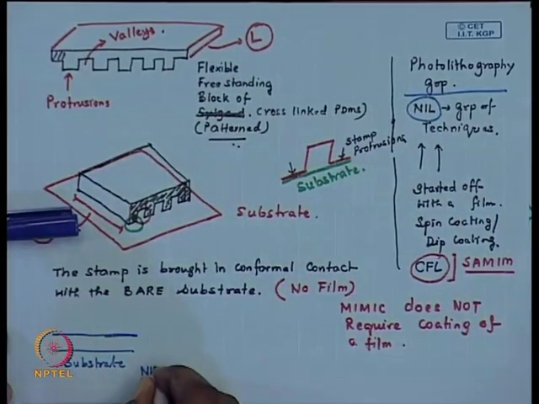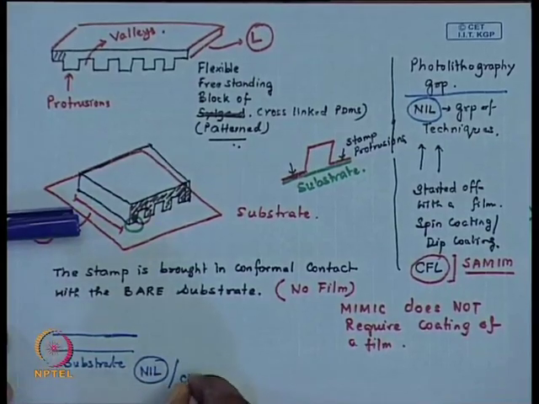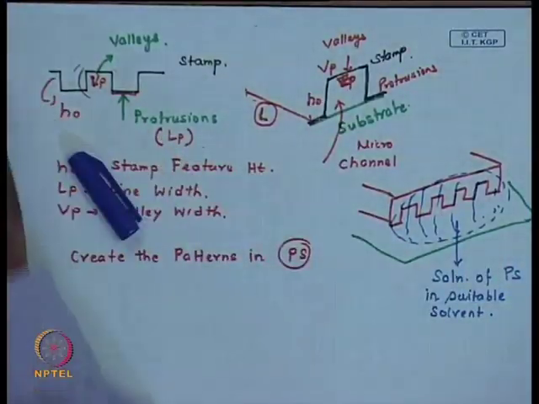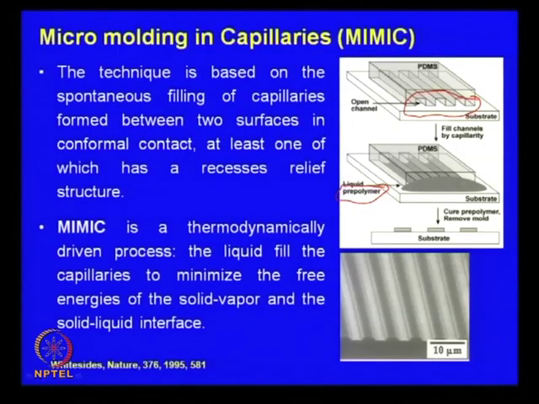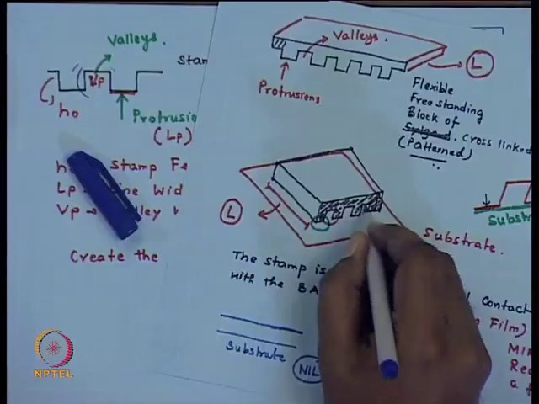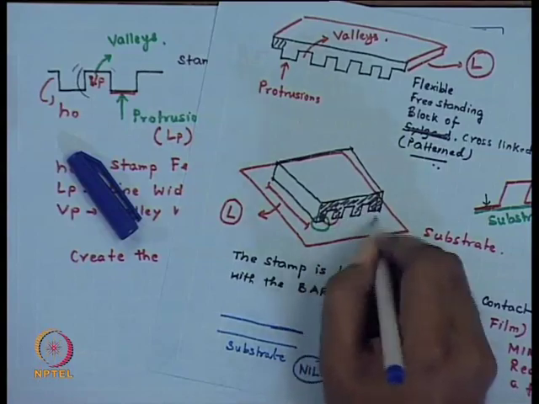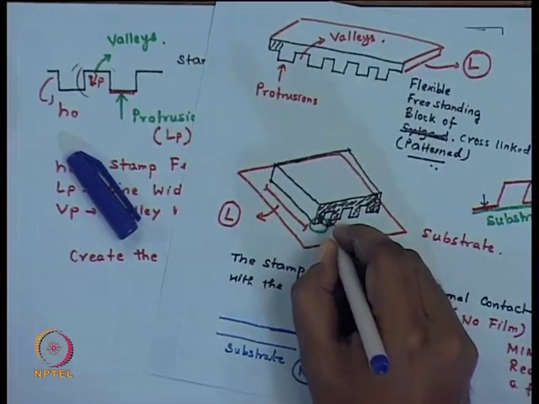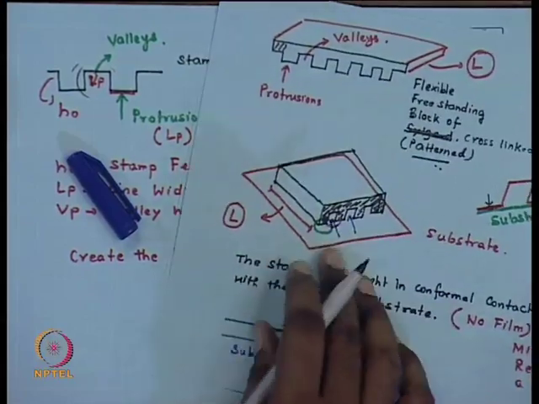So, this would be the setting in NIL, and also you will see this is again the setting in CFL, subsequently we will see. Here you do not do that, what you do, you dispense the drop at the edge of the stamp where it is in conformal contact with the substrate, or at the open ends of the channels.